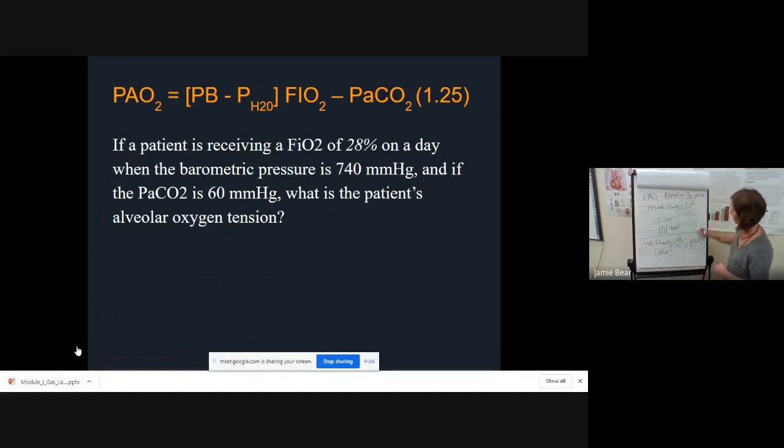Once again, that is higher than normal because here we're giving a lot of supplemental oxygen. So barometric pressure has a lot of influence on the alveolar oxygen pressure. Once again, as we ascend into altitude, which we are here in Denver, we start out with a much lower barometric pressure, so that will significantly reduce the alveolar pressure.